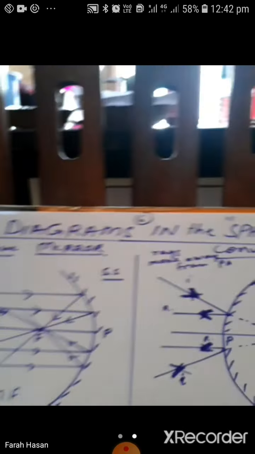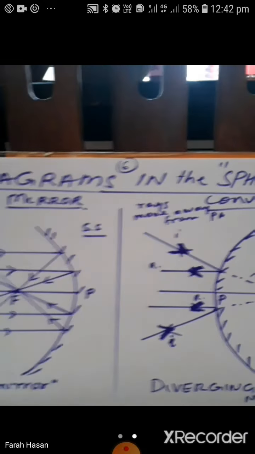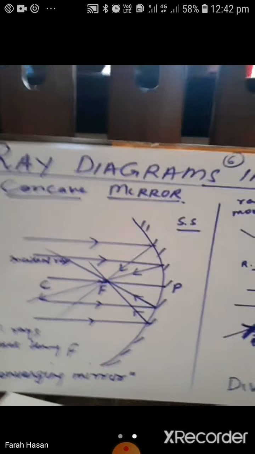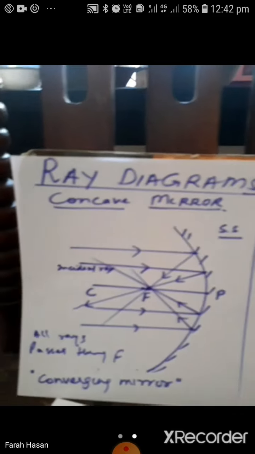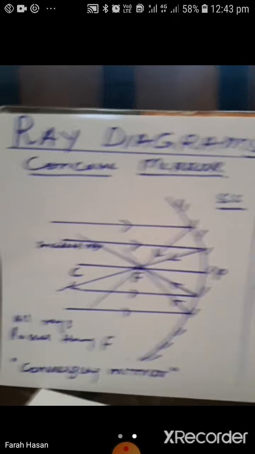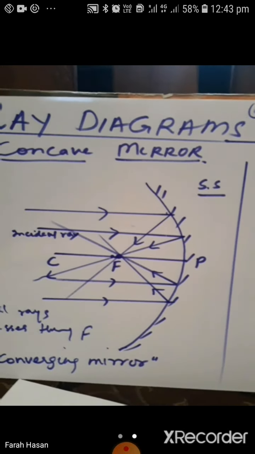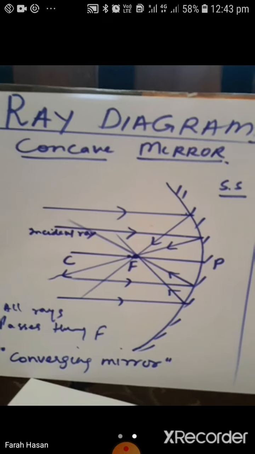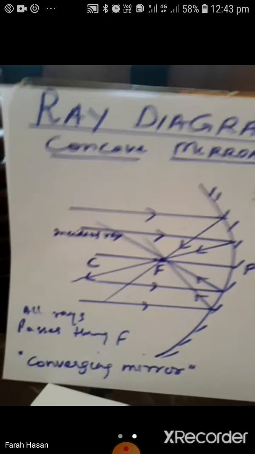Now we'll study a little about ray diagrams in this class. I'm not going to explain all the ray diagrams, but I will explain the first type of diagram, formed in the case of the converging mirror, the concave mirror, when the rays are parallel to the principal axis and near to it.